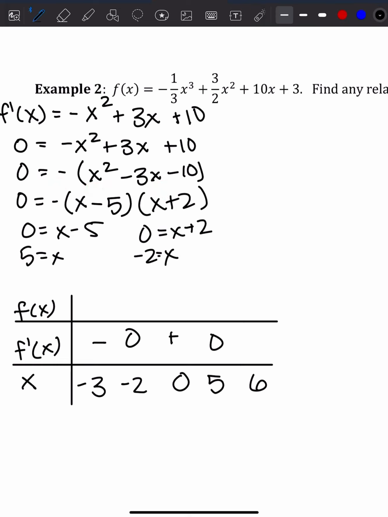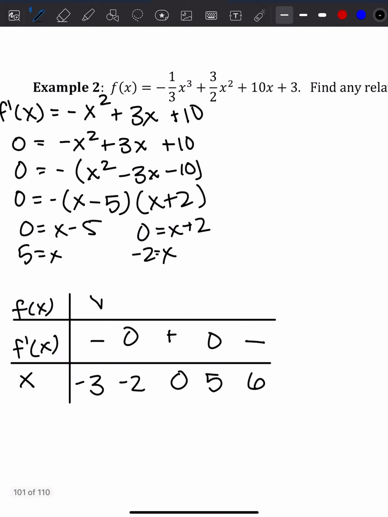And then the last one we have here is 6. 6 plus 2 gives me a positive value. 6 minus 5 gives me a positive, and we have a negative. So a negative times a positive gives me a negative. So this is what we can see is kind of going on here.